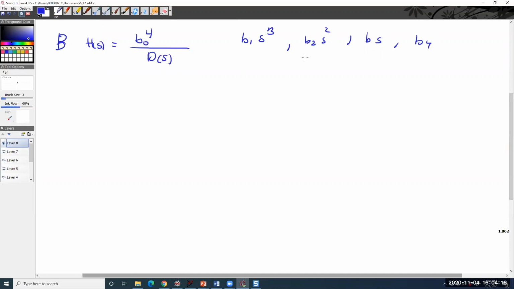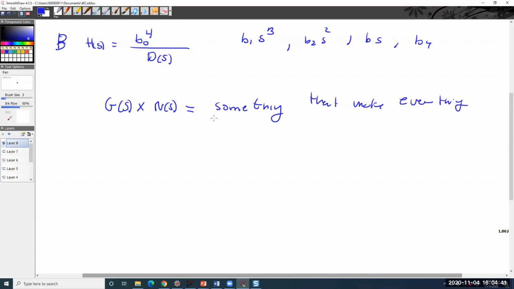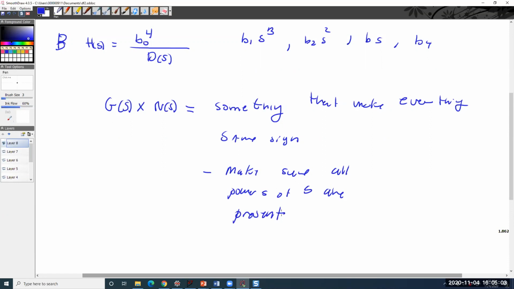I could have them added together, I could have a combination, but that G of S times that numerator has to equal something that makes everything the same sign. Make sure all powers of S are present.